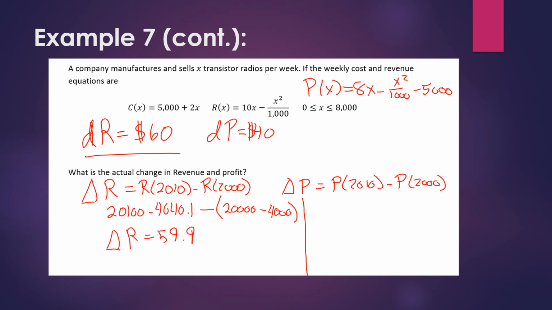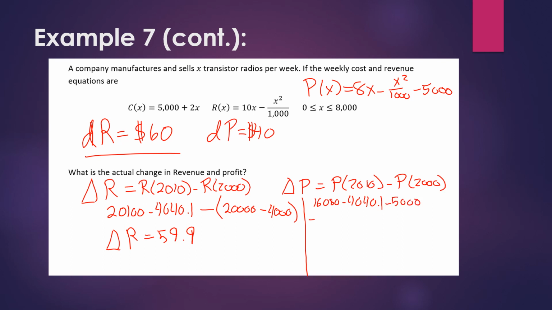We got to plug into 8x minus x squared over 1,000 minus 5,000. So I'm going to do 8 times 2,010. So that gives me 16,080 minus 2,010 squared divided by 1,000, which is going to be minus 4040.1 minus 5,000.